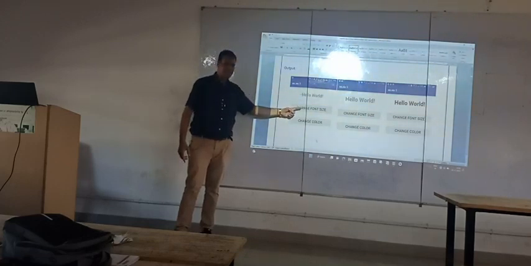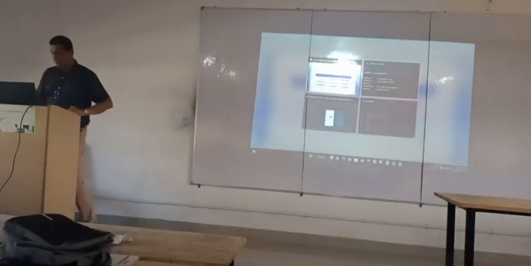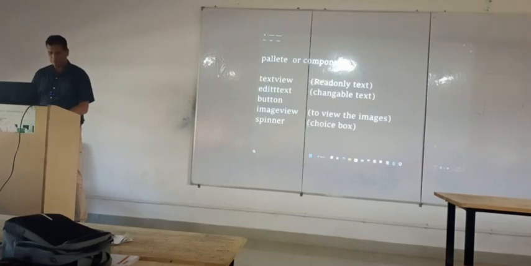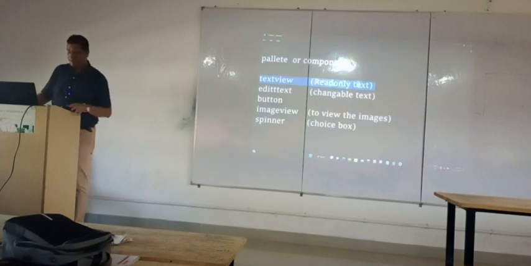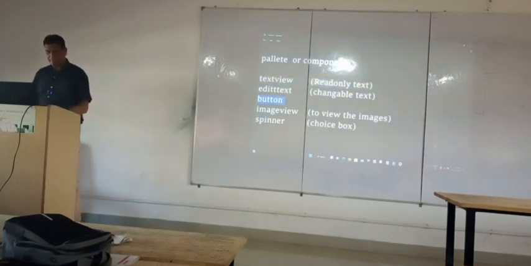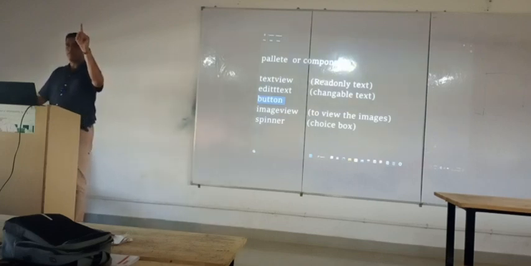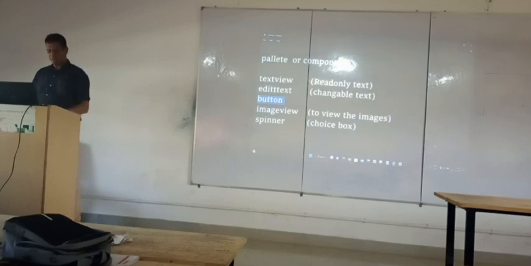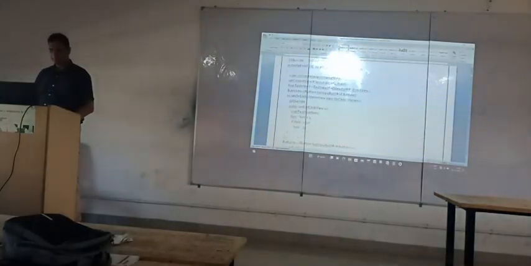Label, button, button. For label, we have text view. We have text view for labels and button for buttons. One label, I mean to say one text view, two buttons.